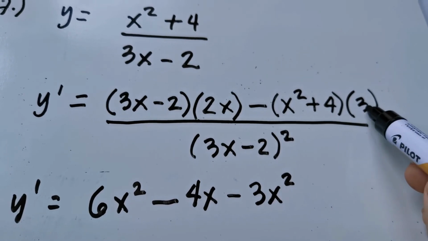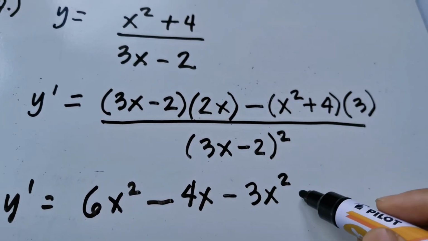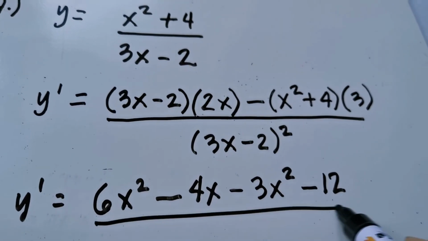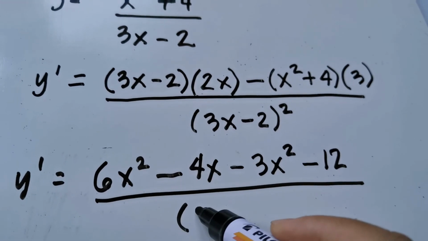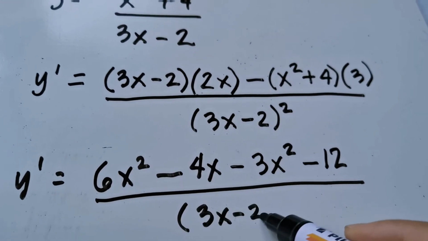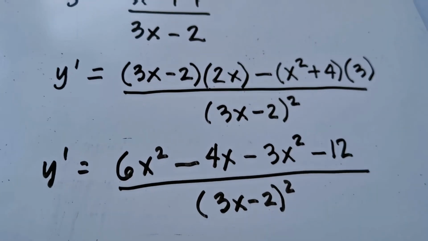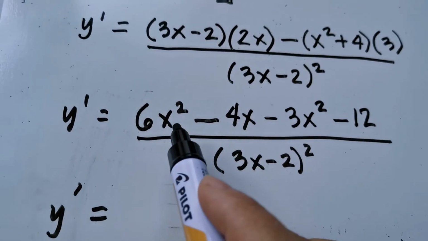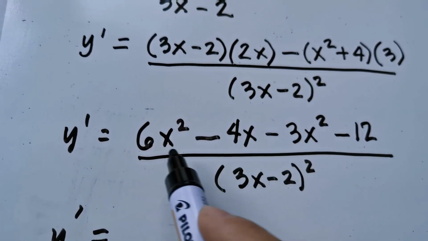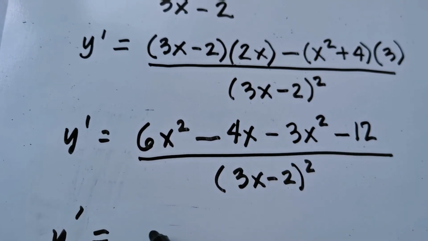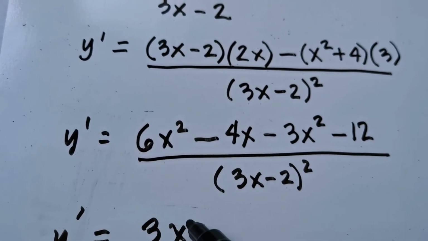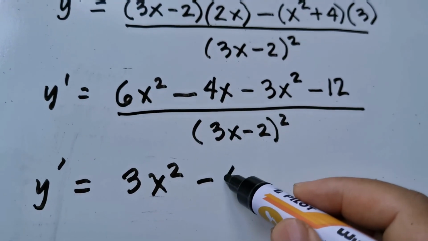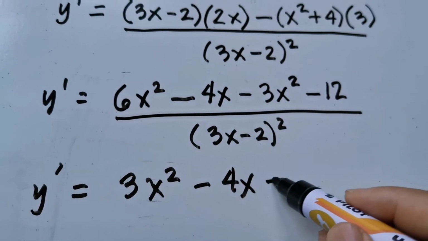Then we have 3 times 4, and a negative, we have minus 12, all over our denominator, which can be expressed in factored form. y prime now is, we will combine like terms. 6x squared minus 3x squared is 3x squared minus 4x minus 12.